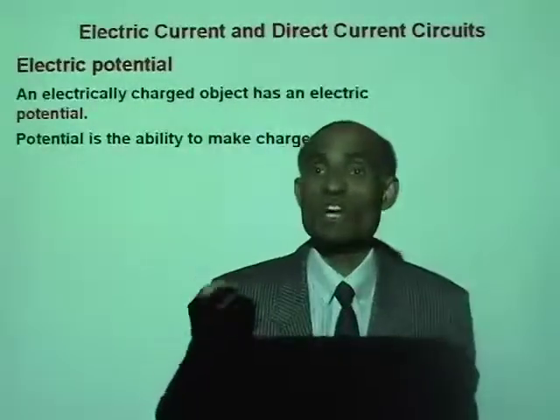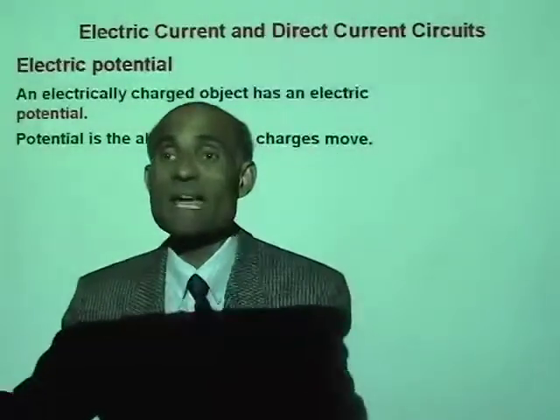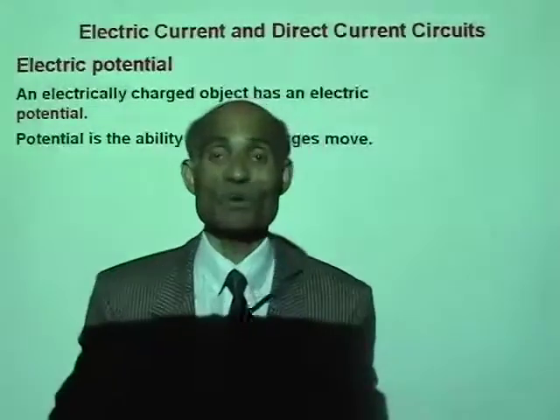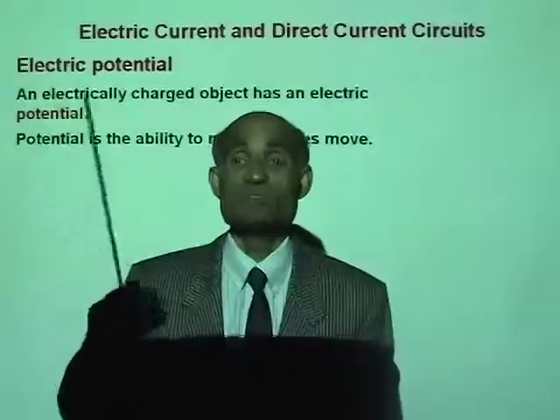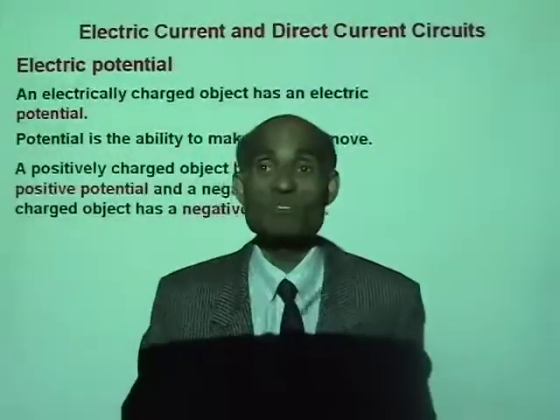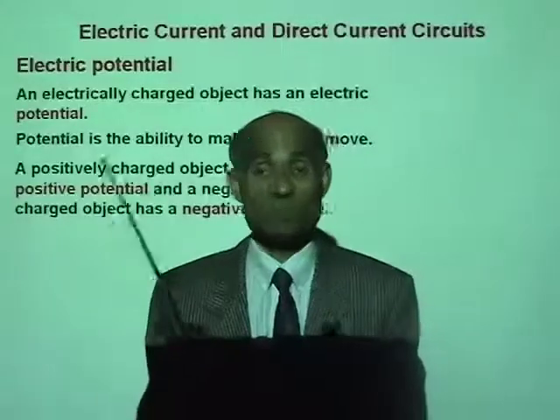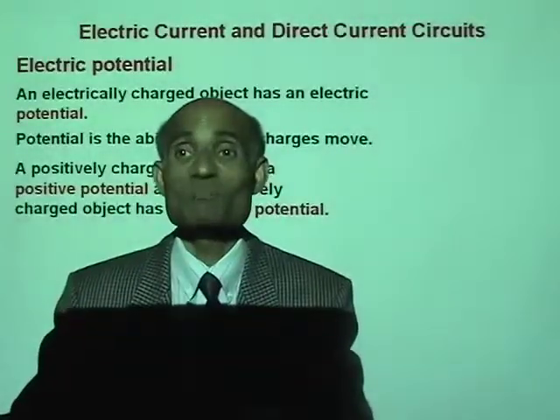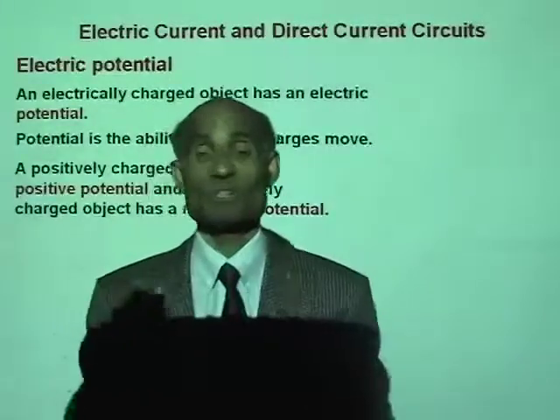So, potential is the ability to make electric charges move. Electric potential is the ability to make electric charges move. A positively charged object has a positive potential, and a negatively charged object has a negative potential.